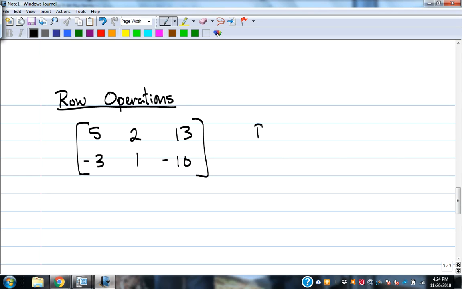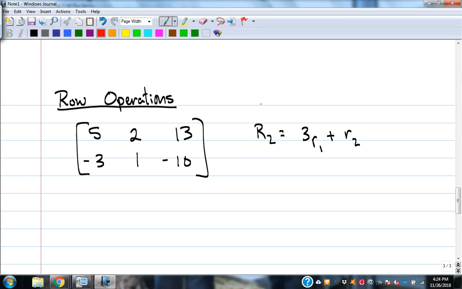But they'll say, okay, row 2 is equal to 3 times row 1 plus row 2. What that tells me to do is take whatever row 1 has in it and multiply it by 3, add it to row 2's values that are in the same spot, but only change row 2.